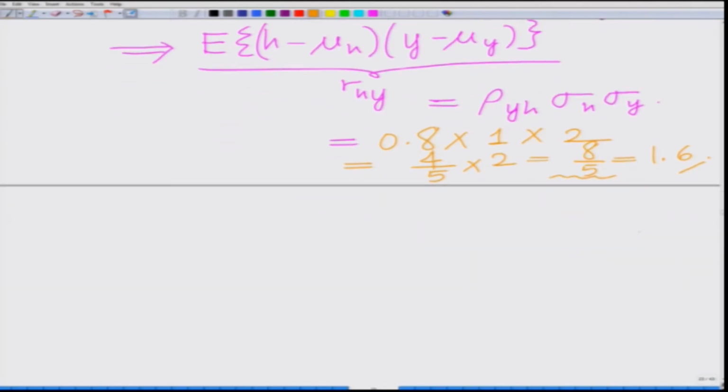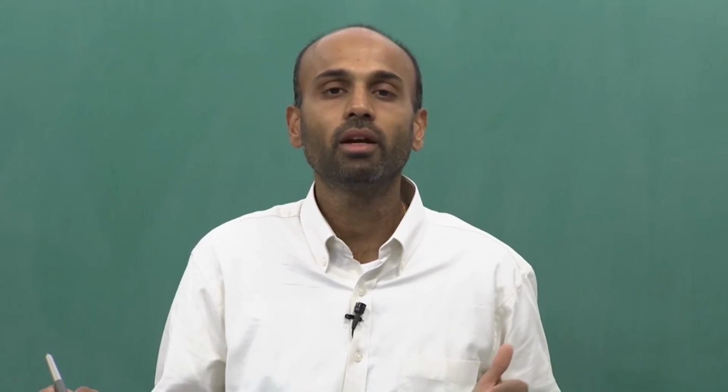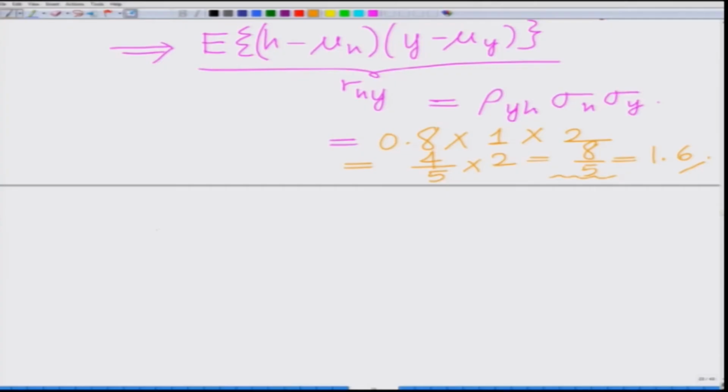Now we have RHY. So now we have all the required quantities, and I can compute the MMSE estimate of H given Y, given that H and Y are jointly Gaussian, and we know the relation for that. That is H hat equals RHY into RYY inverse into Y minus mu of Y plus mu of h.